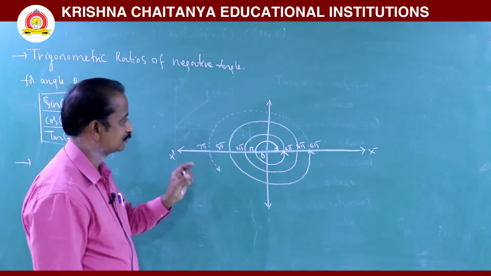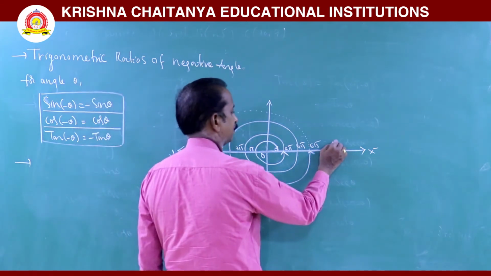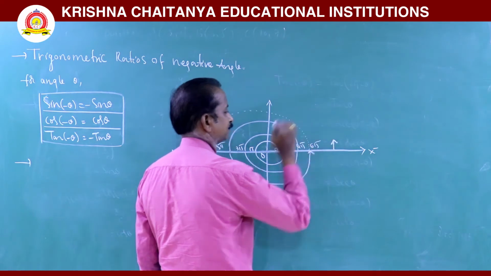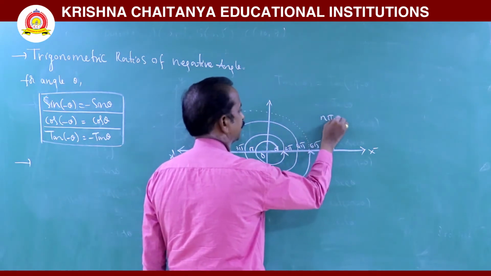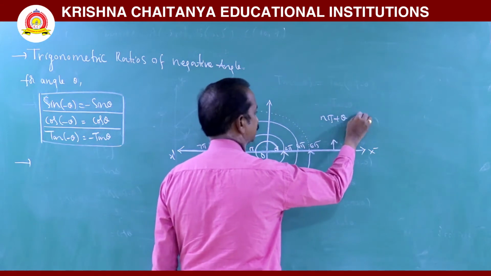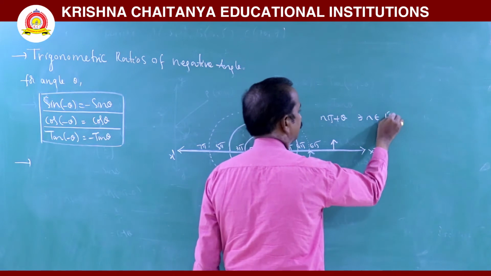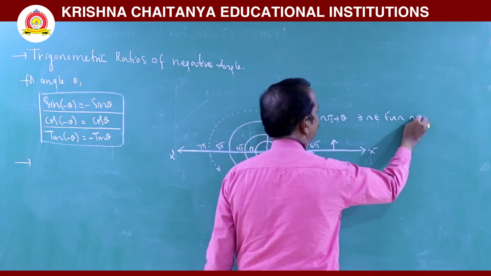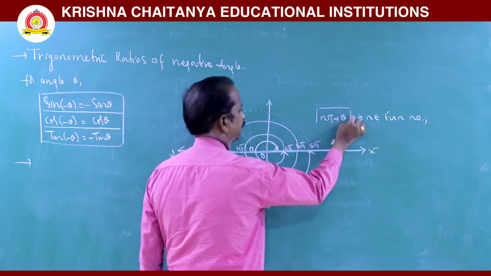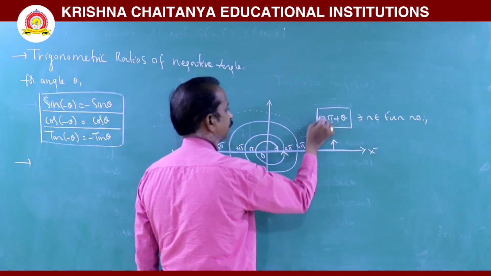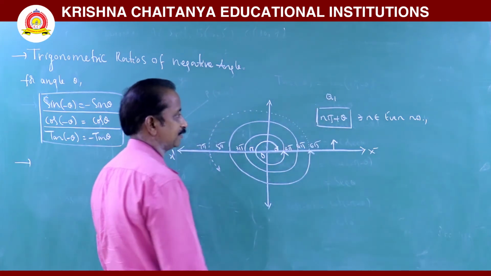So there is a short method: an even number of pi plus theta, that is n pi plus theta such that n belongs to an even number, lies in quadrant 1. So keep in your mind: first quadrant, even number of pi plus theta.